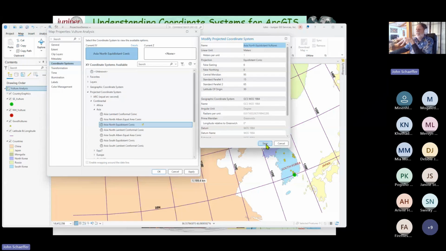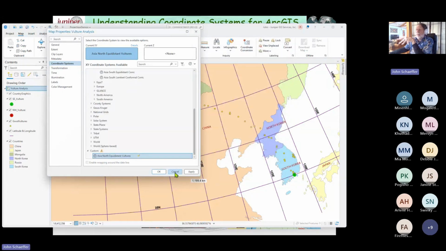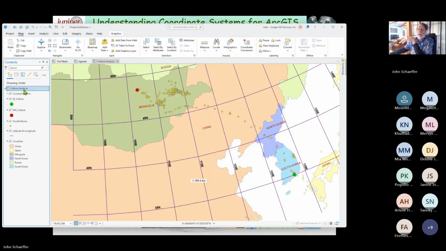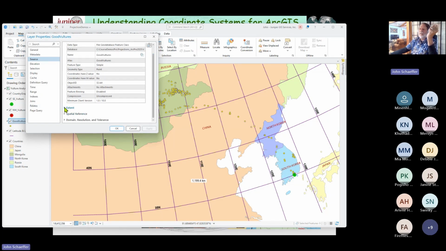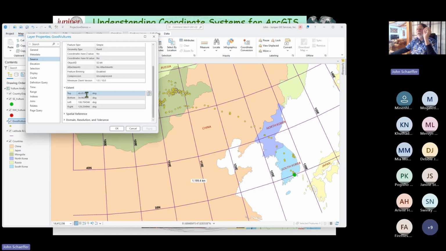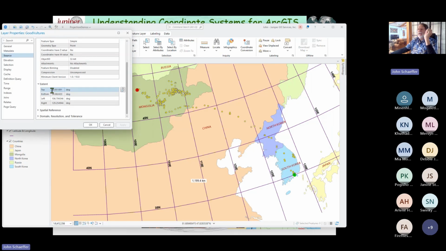So I'm going to save this, come back to it in a second, and I want to go to good vultures, right click, properties. One thing I forgot to show, under source, we'll go to extent, and the top is at almost 49 degrees north.